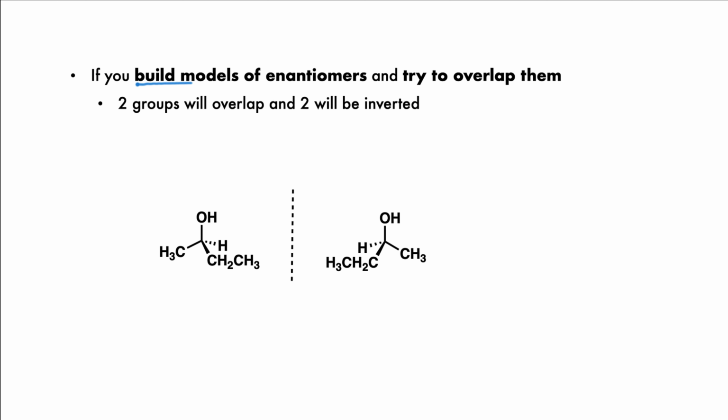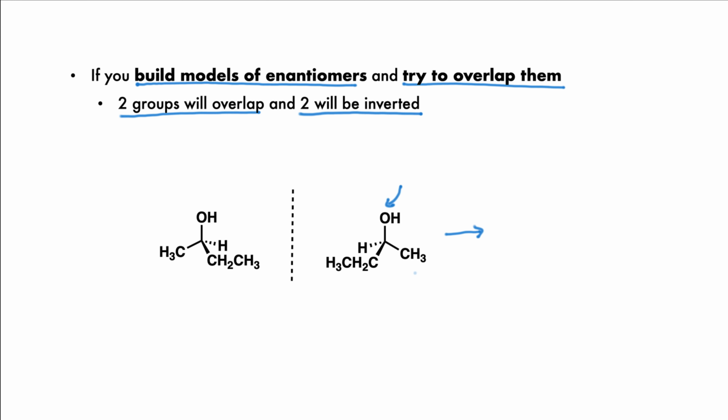I highly recommend you build models of both enantiomers of a chiral molecule like 2-butanol. What you'll find is if you try to overlap them, two groups will always overlap and two groups will always be inverted. This is a characteristic of enantiomers.